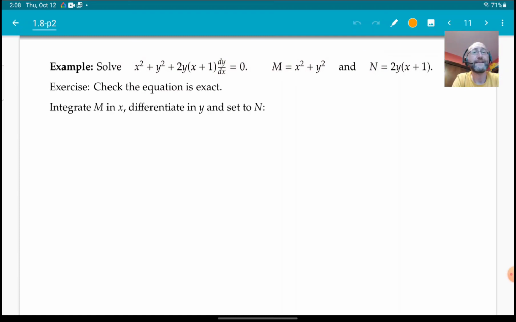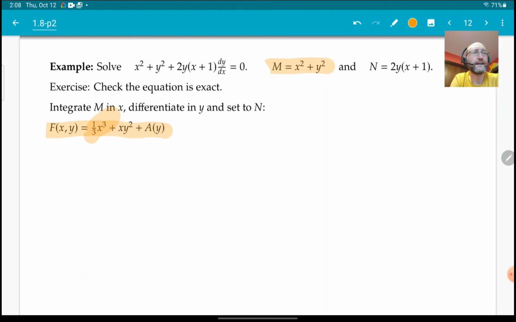So now let's integrate M, differentiate in y, set it equal to N. So this is the antiderivative in x of M. We're treating it as a function of x, and y is a constant. So x squared, we anti-differentiate, we get 1/3 times x cubed.